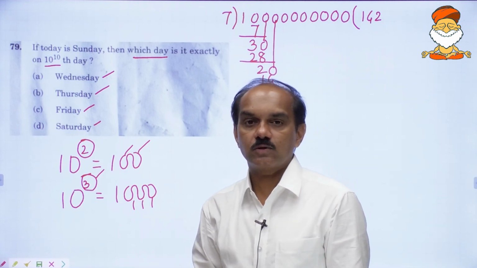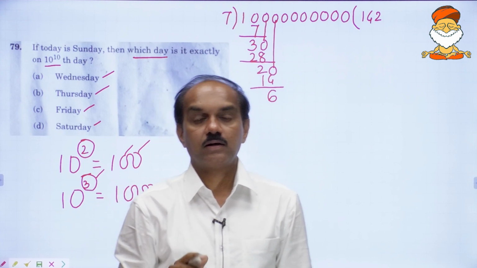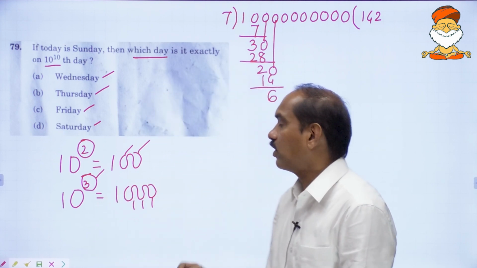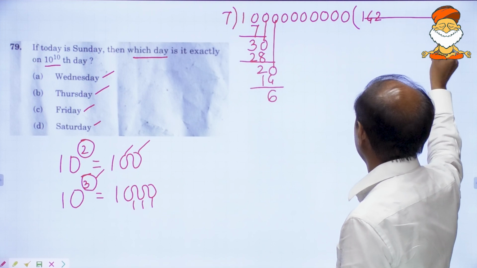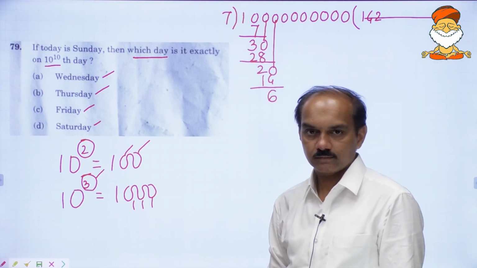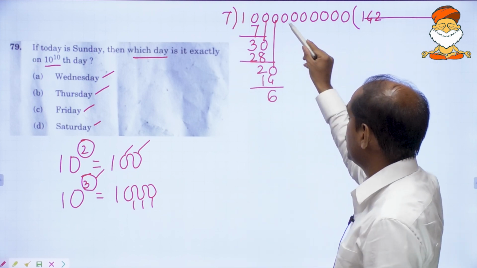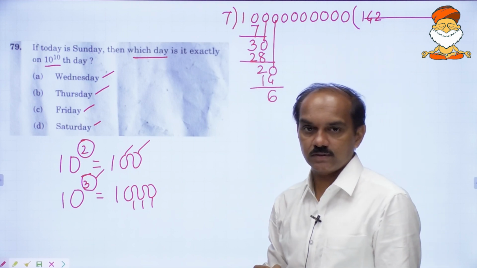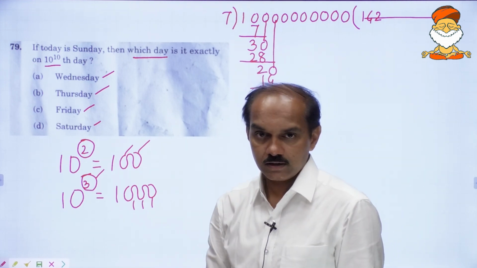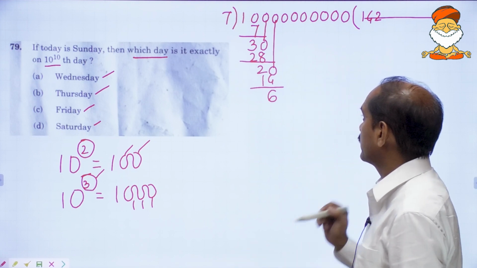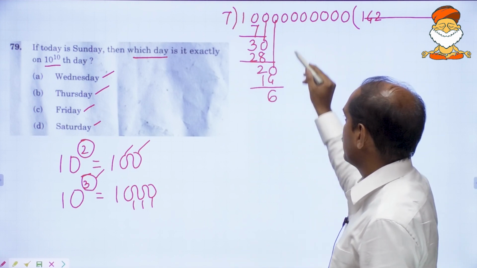We are concerned with only the remainder and not with the answer. Therefore, be least bothered about these things. Don't get confused with these zeros, because there are too many zeros. Which zero you are bringing down, don't forget that. So 6 is remaining.